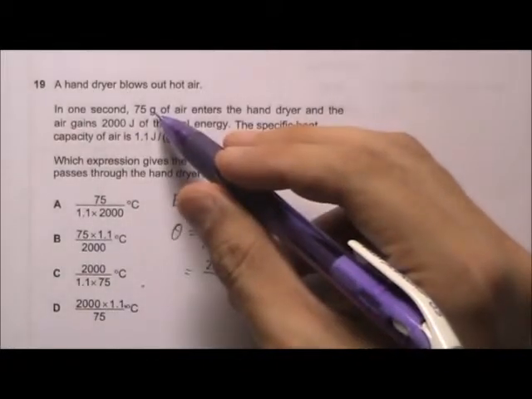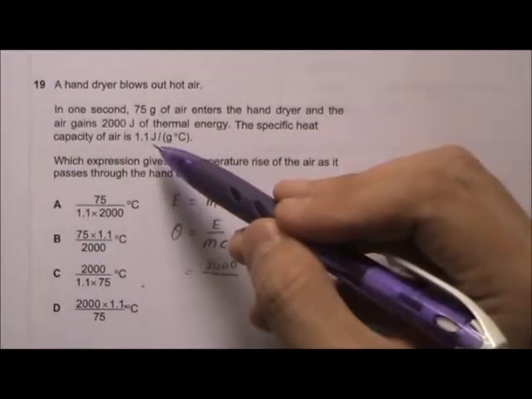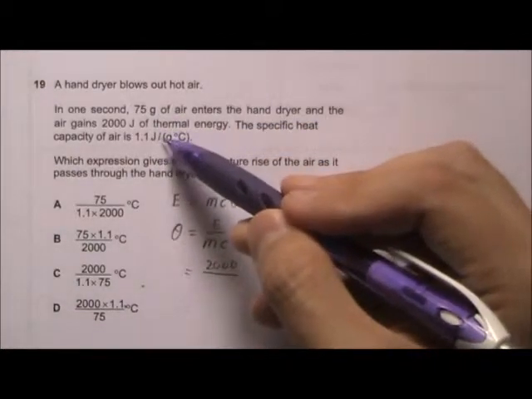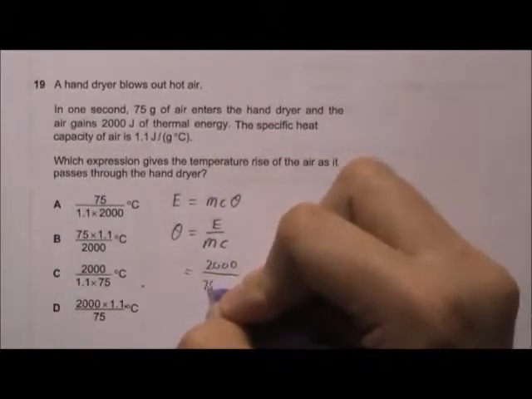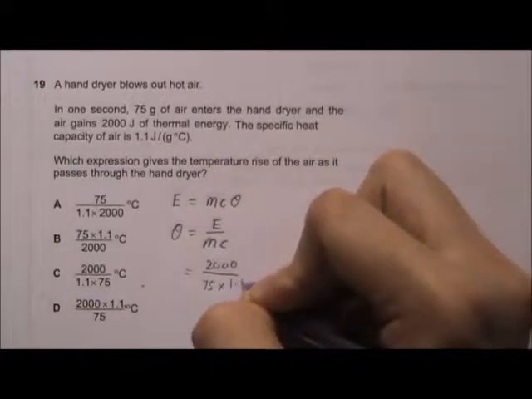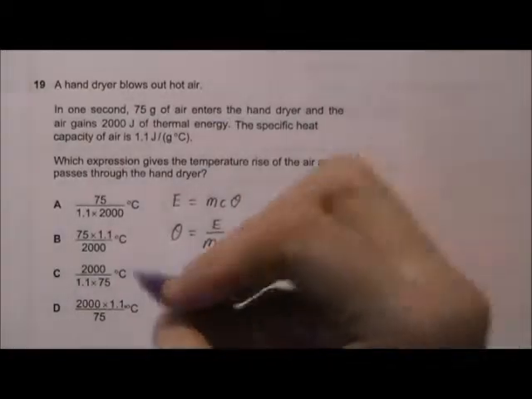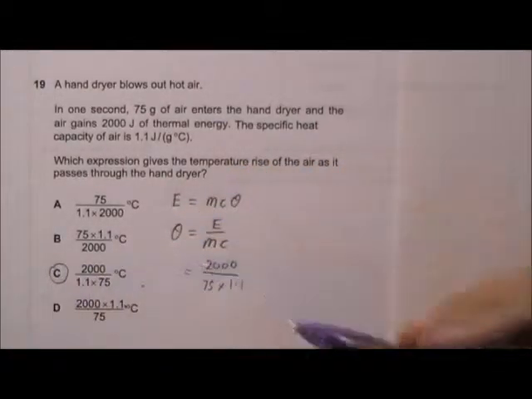We can keep it in gram because the unit of the specific heat capacity is in joule per gram degree Celsius. So it will be just 75 multiplied by 1.1. That will give us the answer as C.